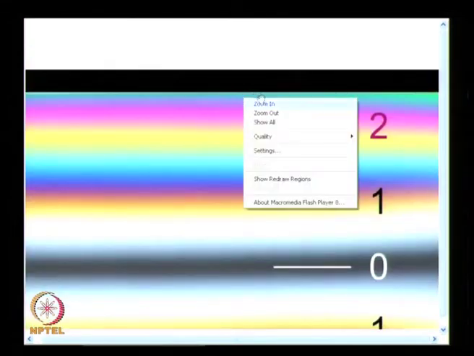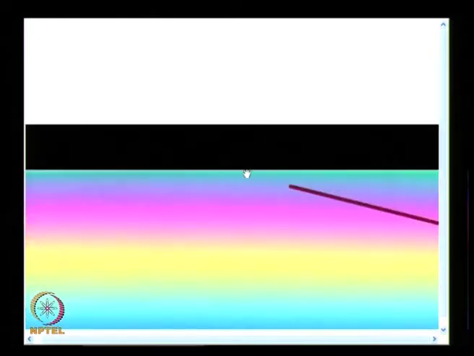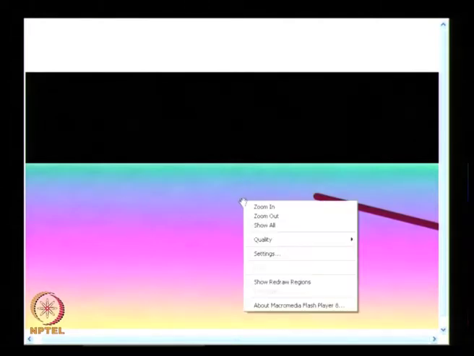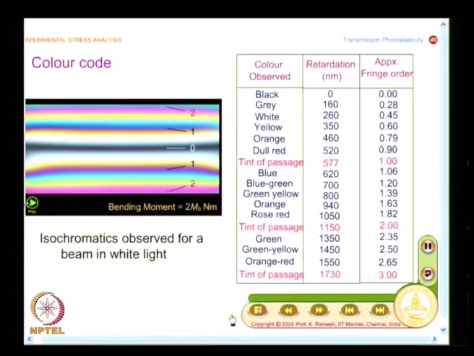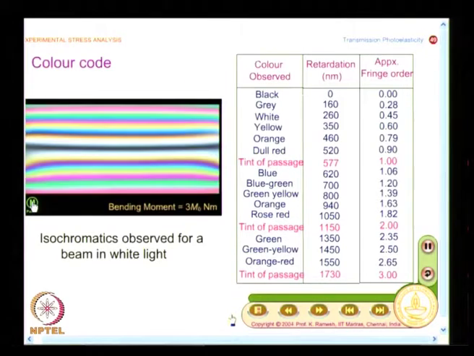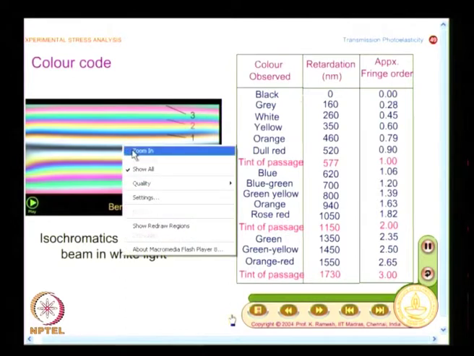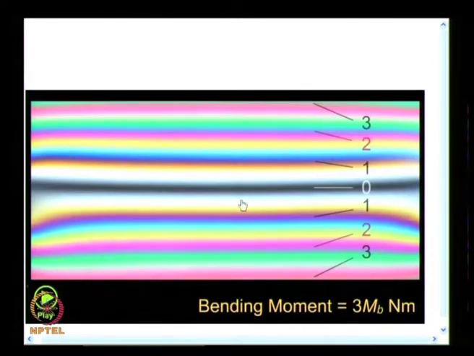I will also show this very closely. So, you see the tint of passage is different. We will go and look at up to 3 fringe order, what happens. I will magnify this further, and this is how you find.